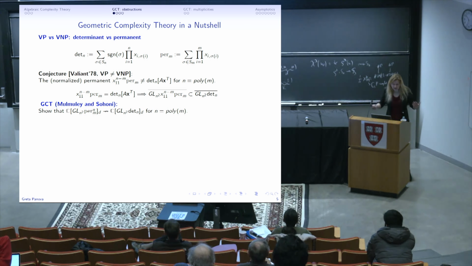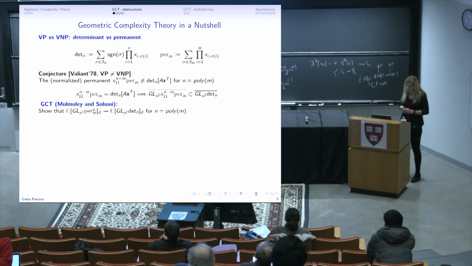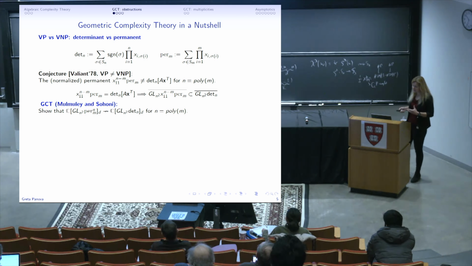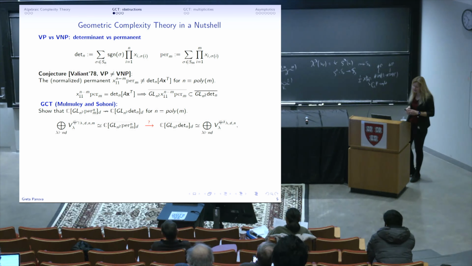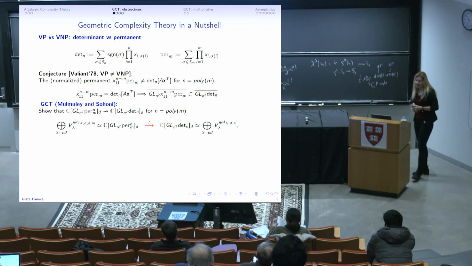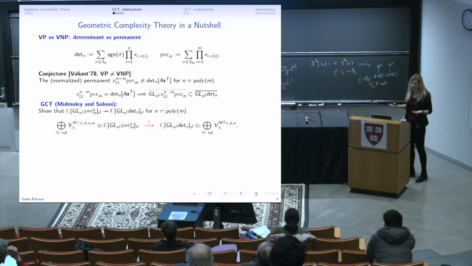Okay, so this is some heavy setup here. Of course the question is, what are these coordinate rings and why is it better to look at them? This is a hard question, but since there is an action of GL n squared, we can factor them into irreducible modules with some multiplicities.